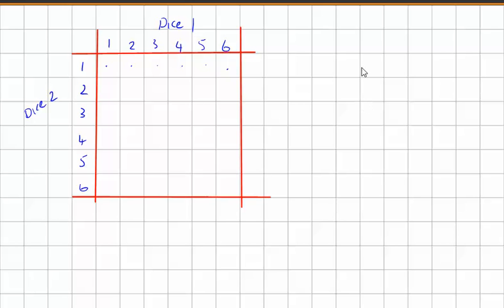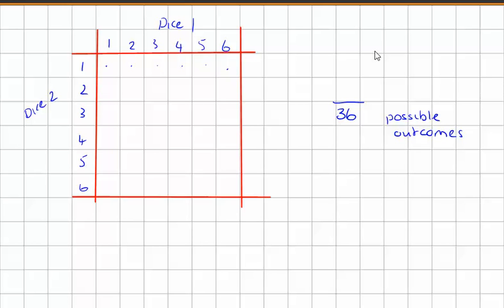So there are actually 36 possible outcomes. So that 11 that we tried was obviously way off. So we have to write out of 36.